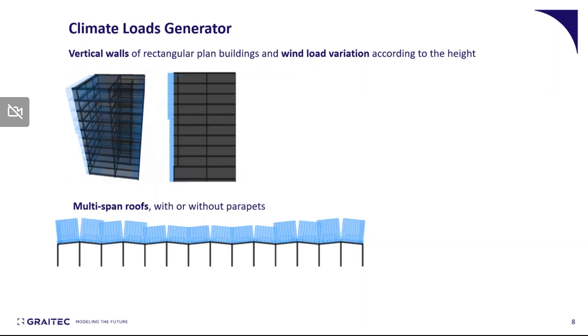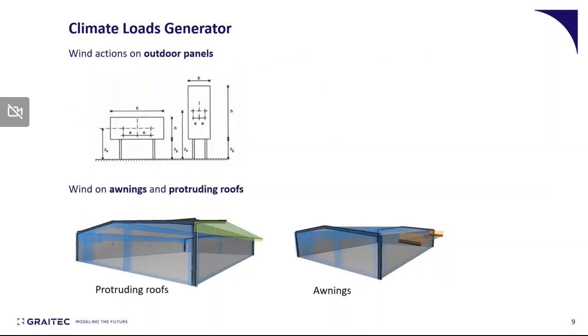Multi-span roofs with or without parapets and outer panels can be calculated as well, and the wind load can be identified on them, and also wind loads and snow loads on awnings and protruding roofs.